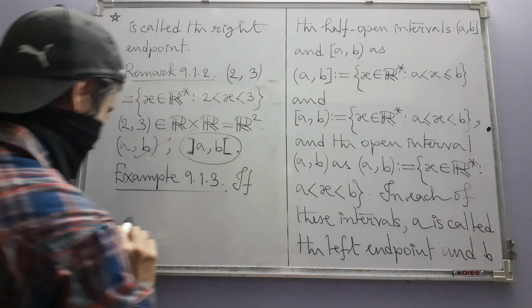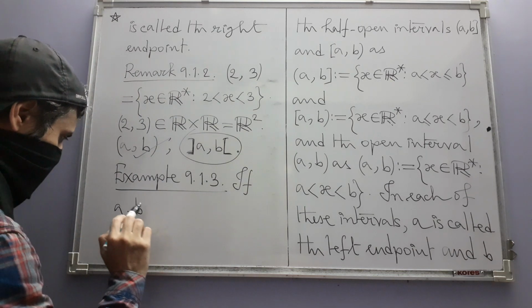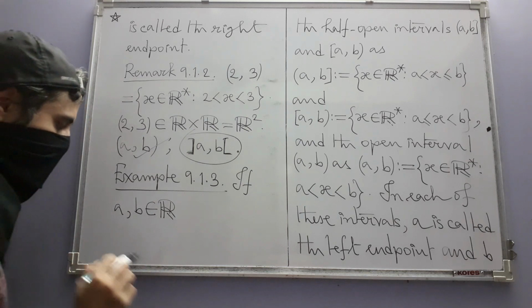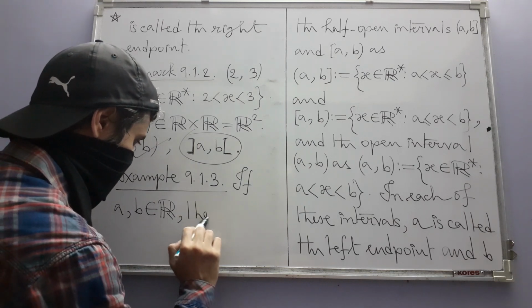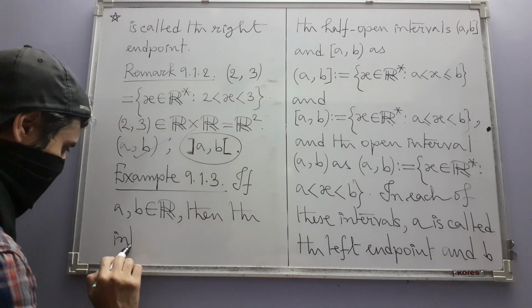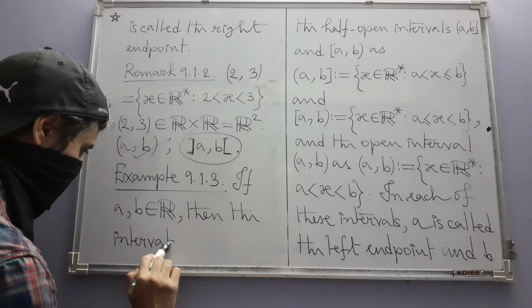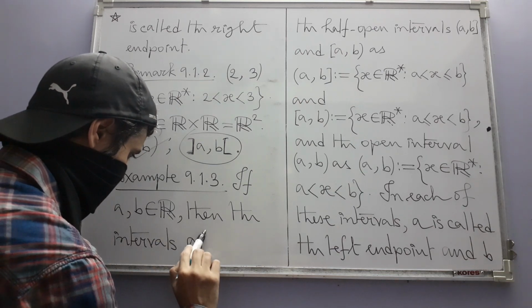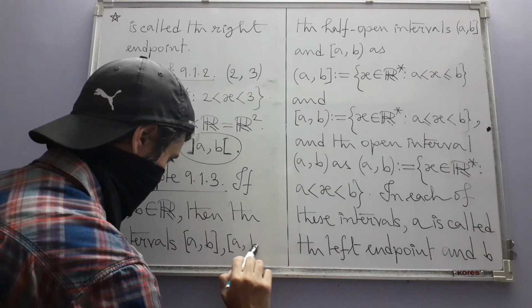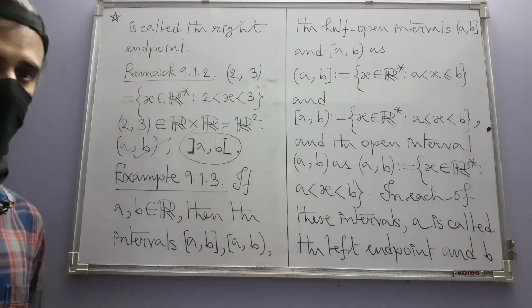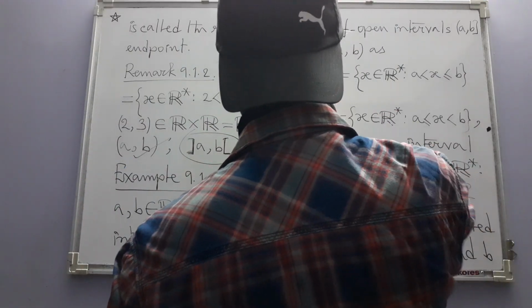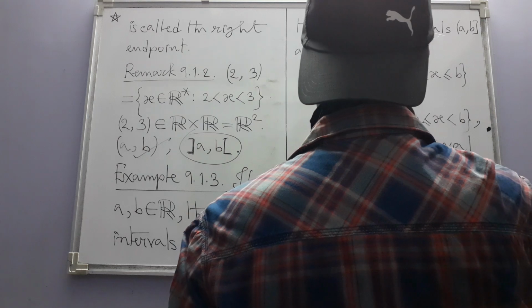If the endpoints A and B are in fact real numbers, that is, if they are finite, then the intervals, all 4 of them, are subsets of R. And you can almost immediately see why.